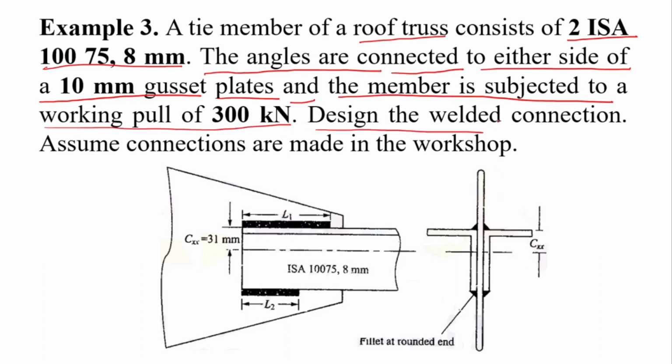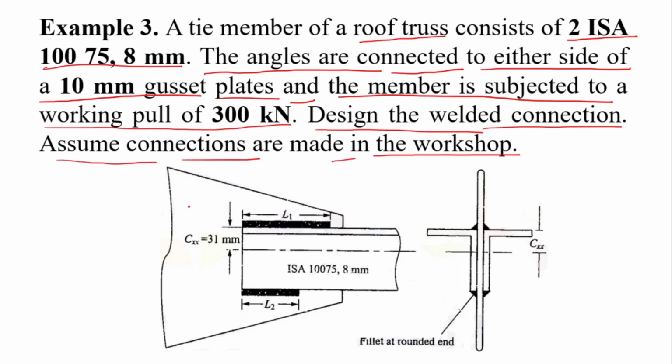Design the welded connection. Assume the connections are made in workshop. So here we have to design a connection for the roof truss where two angles are to be connected to a gusset plate.